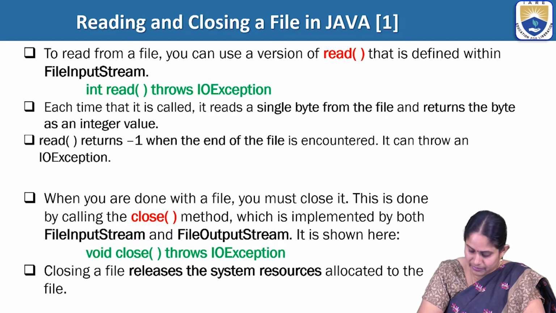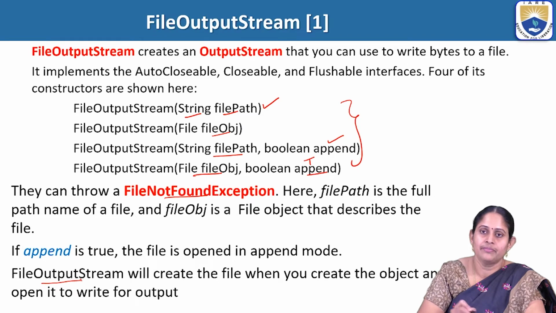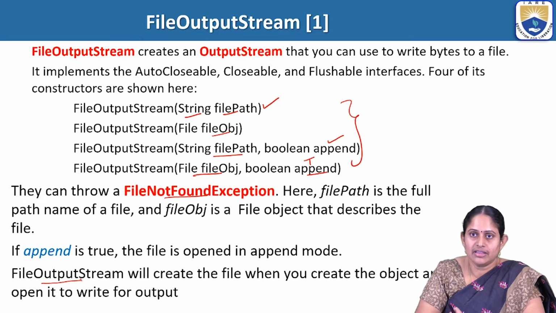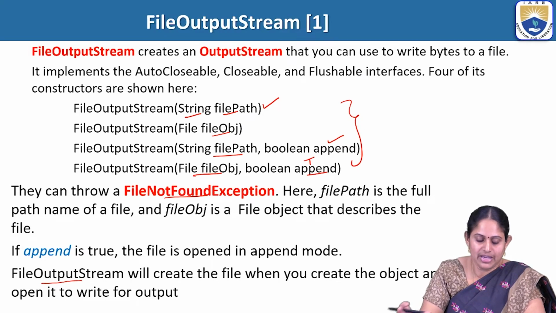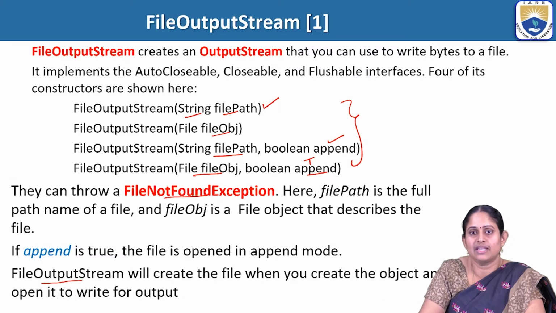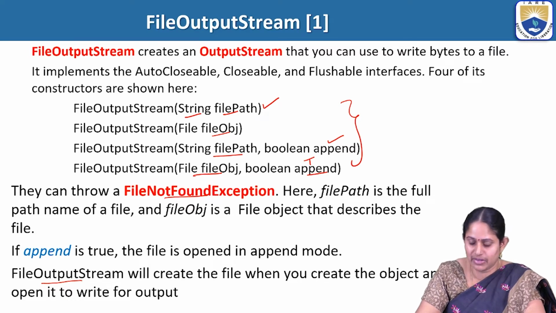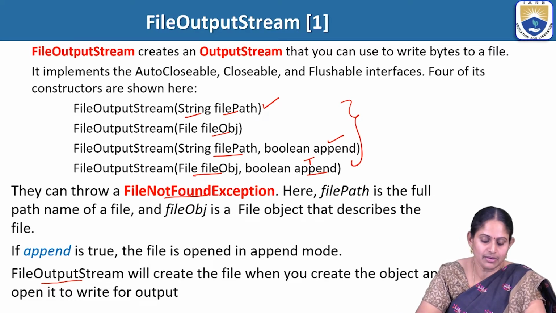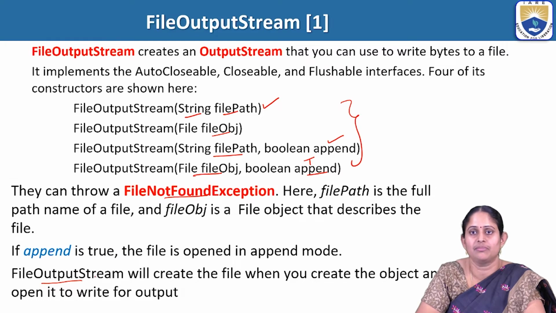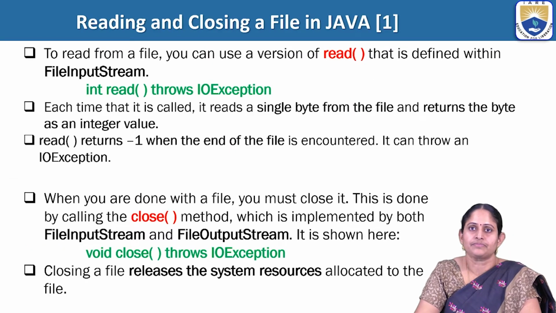When we use FileOutputStream, it will create the file where you want to write the data. So when you are copying data from somewhere and want to put it into a file, that file will be automatically created by the FileOutputStream class.